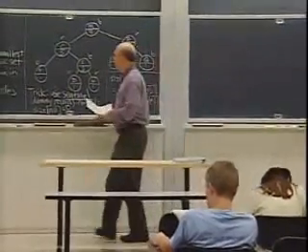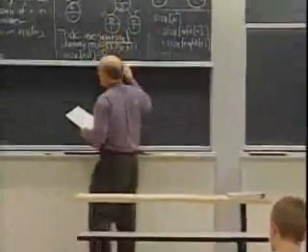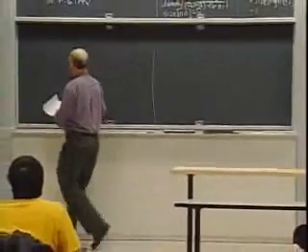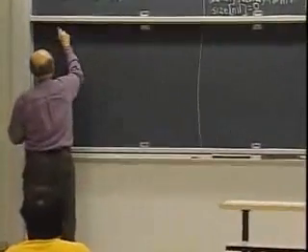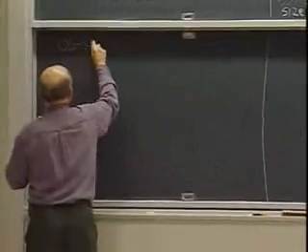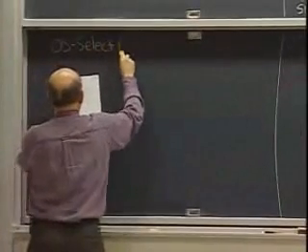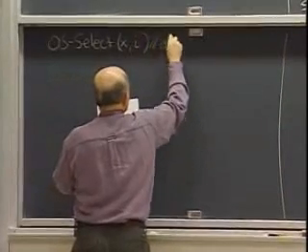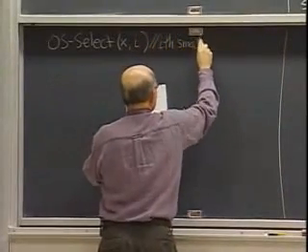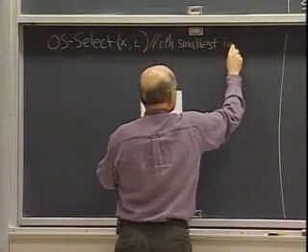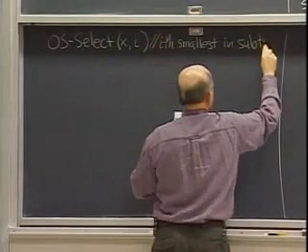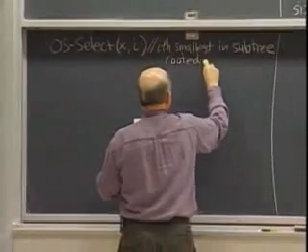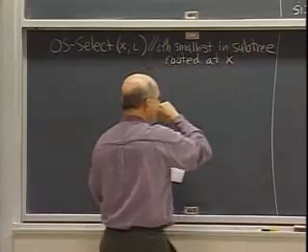Okay, so let's write the code for OS-Select given this representation. This is going to basically give us the ith smallest element in the subtree rooted at x.